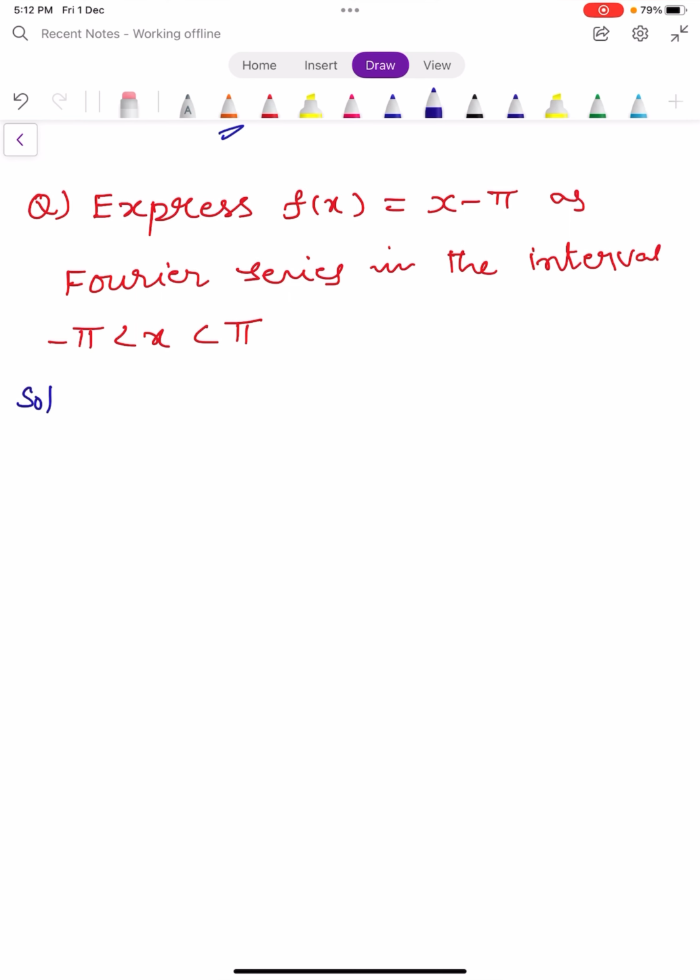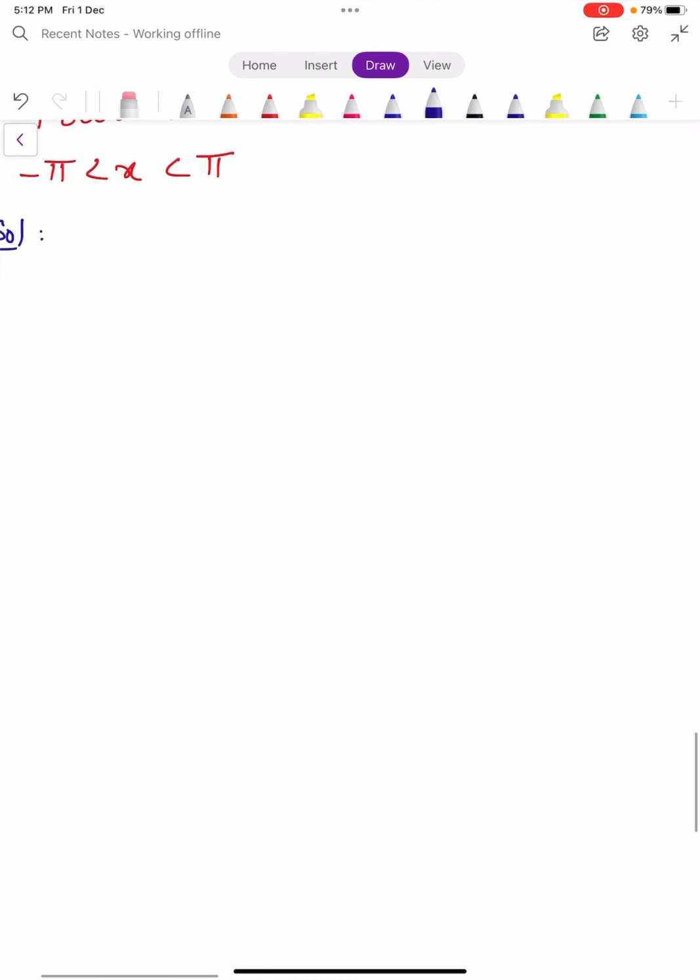Okay, let us solve this problem. It is given that f of x is equal to x minus pi, and the interval is minus pi less than x less than pi.